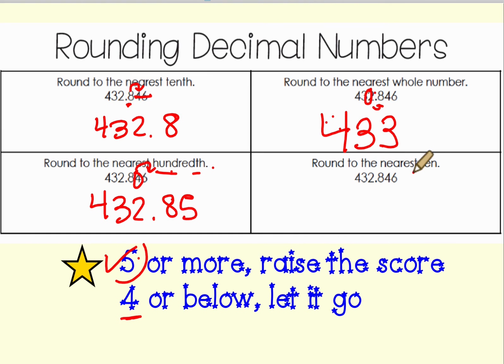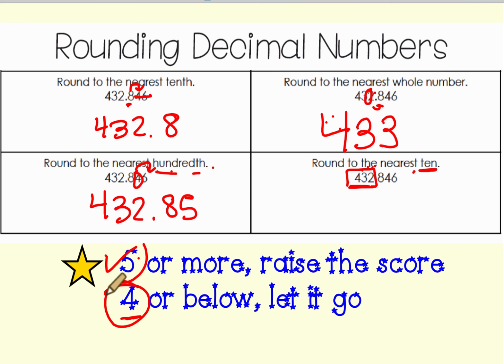If I was going to round to the nearest tens place, because now I'm rounding at the whole number part, I don't just drop everything after the tens place. I actually fill it in with a 0 because I need those places. So I look to the right of the 3 because the 3 is in the tens place. The 2 meets the criteria of 4 or below.